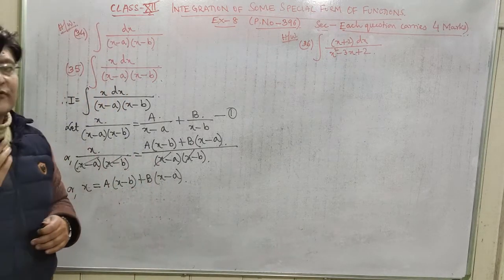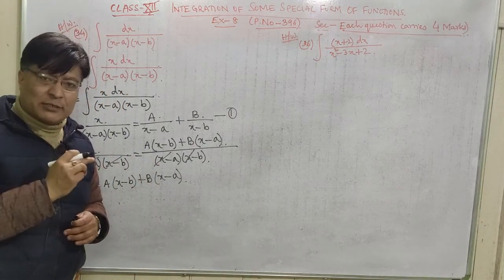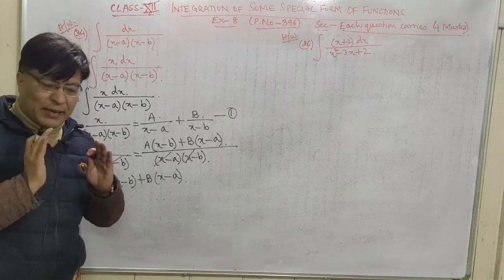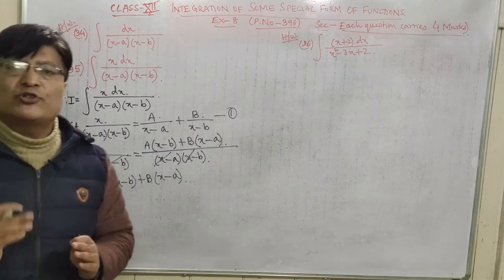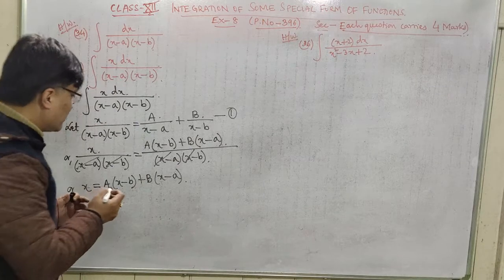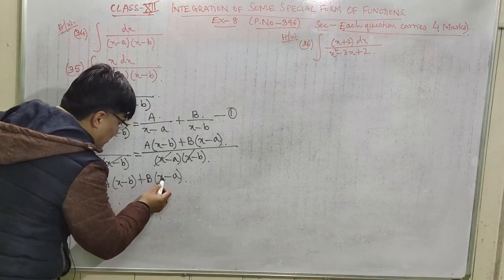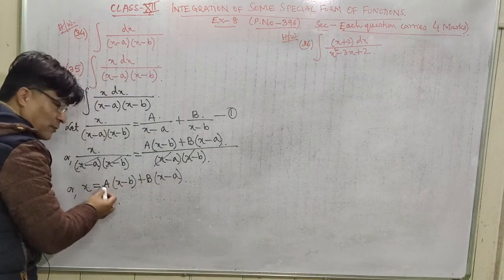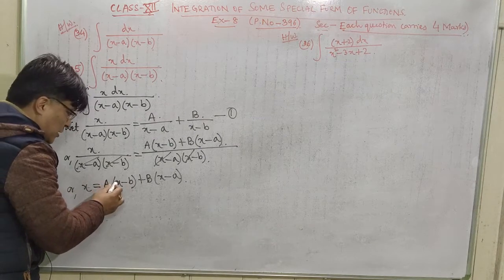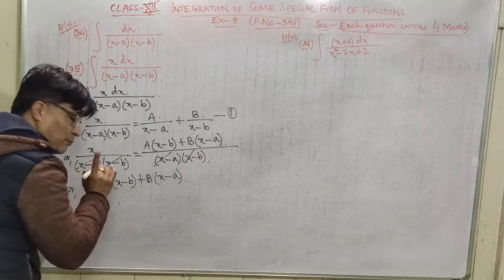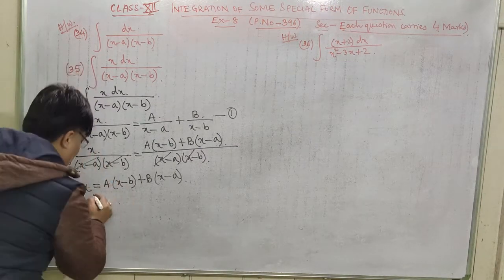So let us get those values of constants capital A and capital B by putting some suitable values of x. In order to get the value for capital B, you have to make this first term 0 by putting x is equal to b.